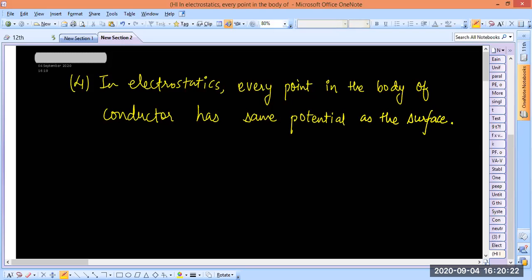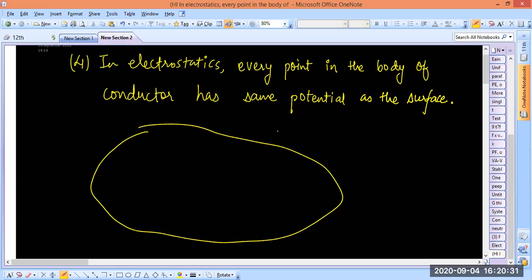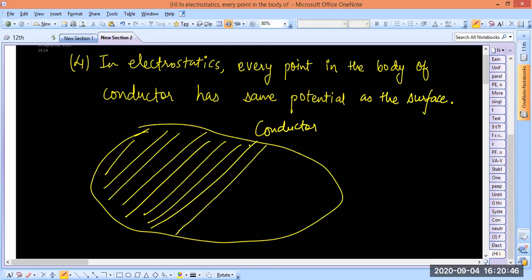So what does this mean? Let's say that this is some conductor, and this is solid. Right now we are talking about solid. We'll talk about what happens if it's hollow later, because that's a bit of a tricky case.